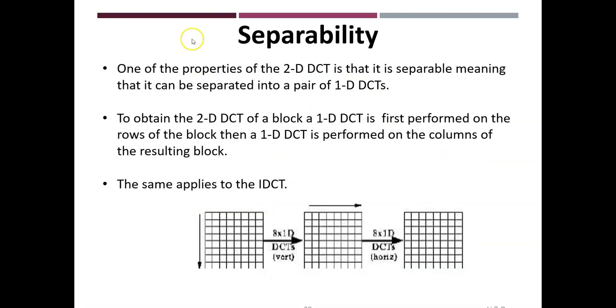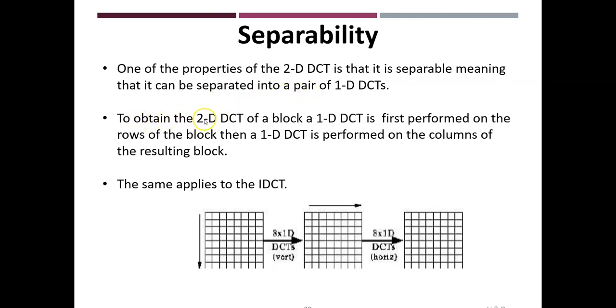Okay, so one of the properties of 2D DCT is that it is separable. Maksudnya, it can be separated into a pair of 1D DCTs.